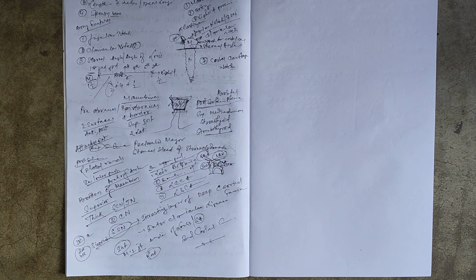You must remember it because it may be asked in your viva exam: tell the difference between the costal cartilage joints with the sternum.